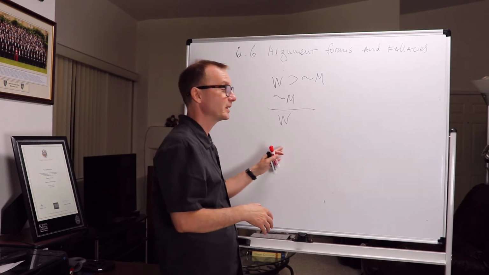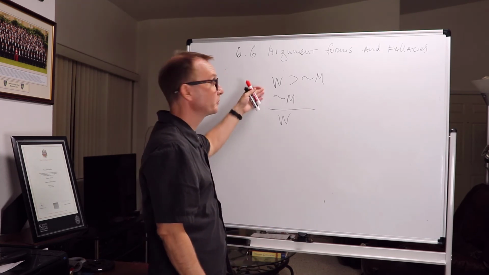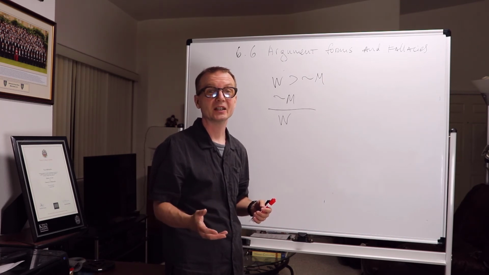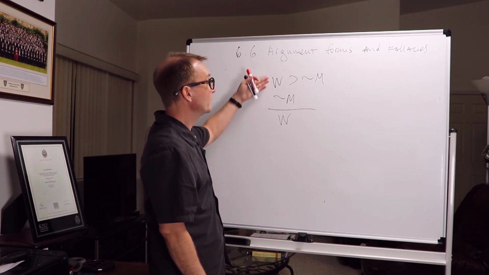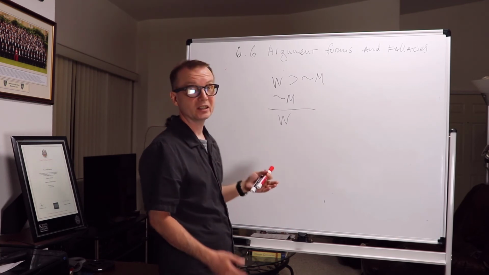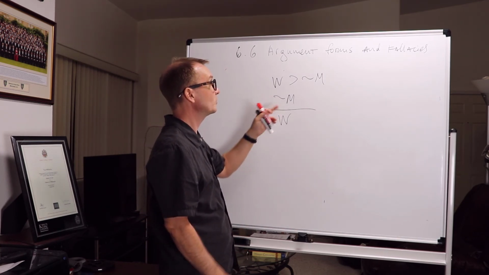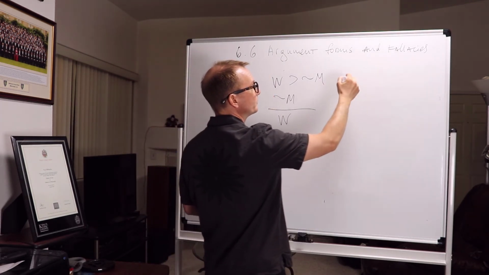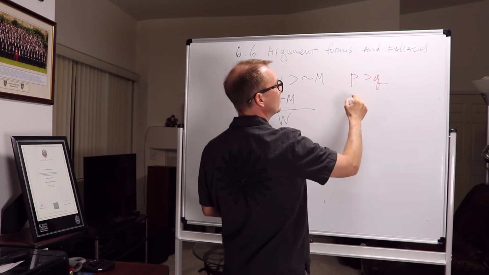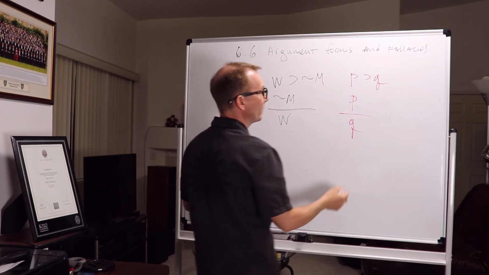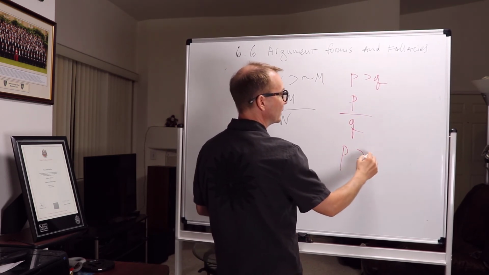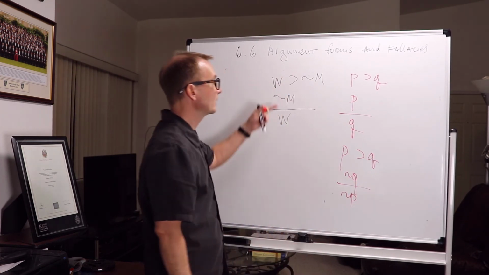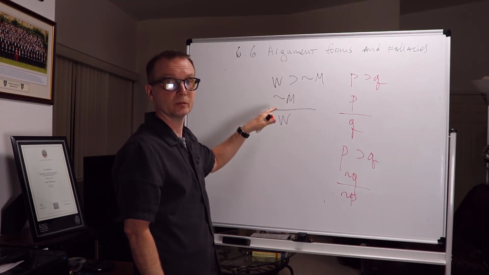And now we can look at the example. What is the example? So this is one of the exercises in the end. It asks you if it's valid or invalid. Now, if you just look at it, you may be a little bit confused because remember, the valid form would be either if P then Q, P therefore Q. The other valid form is if P then Q, not Q, therefore not P. Now, does this fit any one of them?